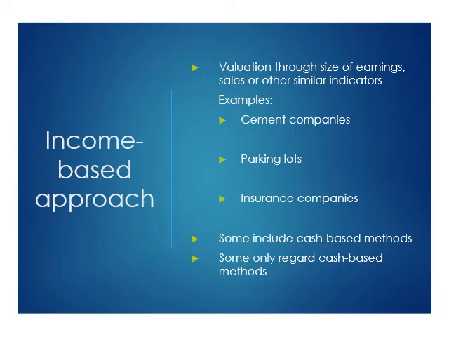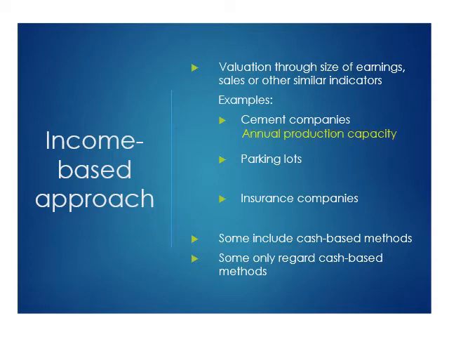Income-based approach is quite dynamic as it depends on the operation of the company. For example, consider all these three operations: a company that produces cement, a company that provides parking lots, and a company that provides insurance. When we want to value their income or earnings, what should we look at? Yes, you are correct.